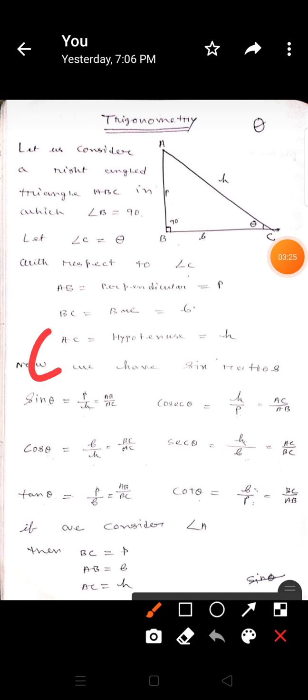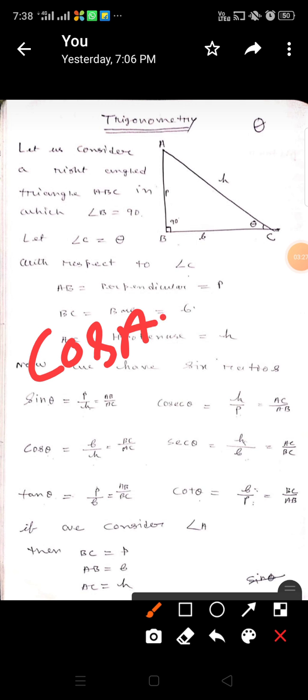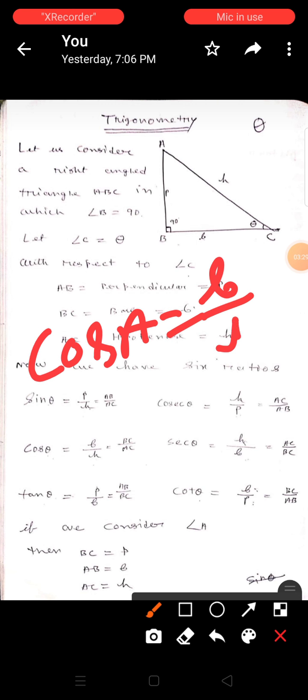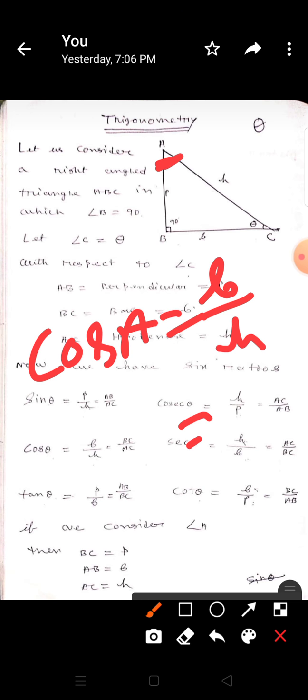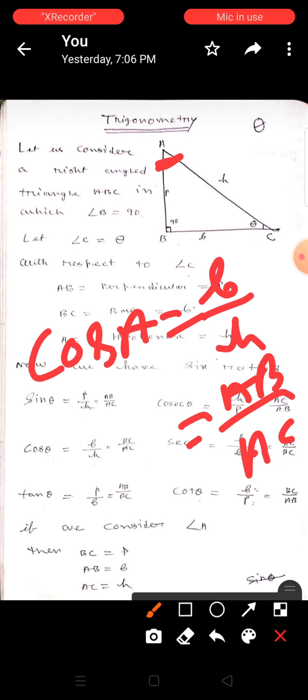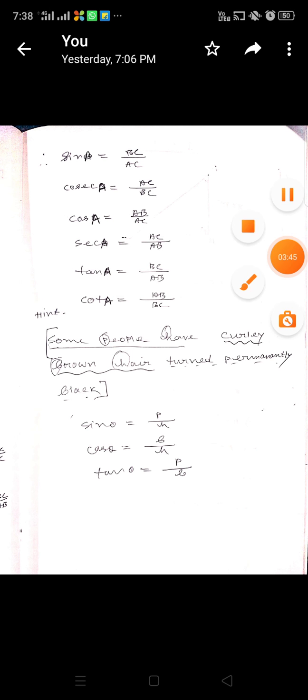Then similarly cos A, B by H, base by hypotenuse. A के लिए कौन है base? AB by hypotenuse AC. Then sec A is opposite to cos A, AC by AB, tan A, BC by AB, cot A, AB by BC.